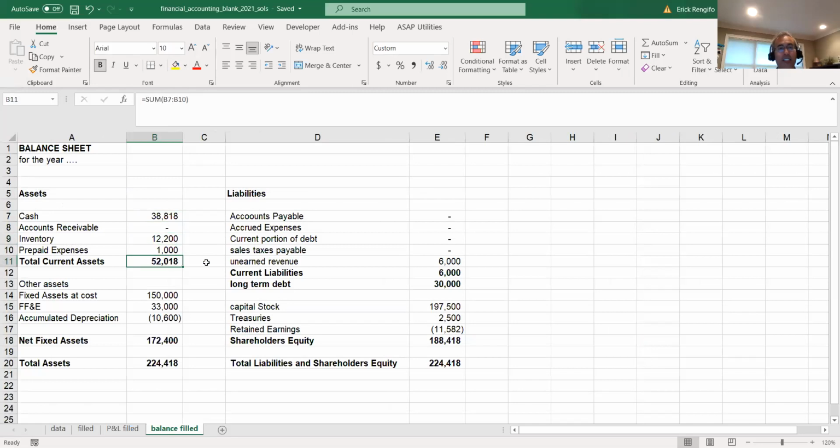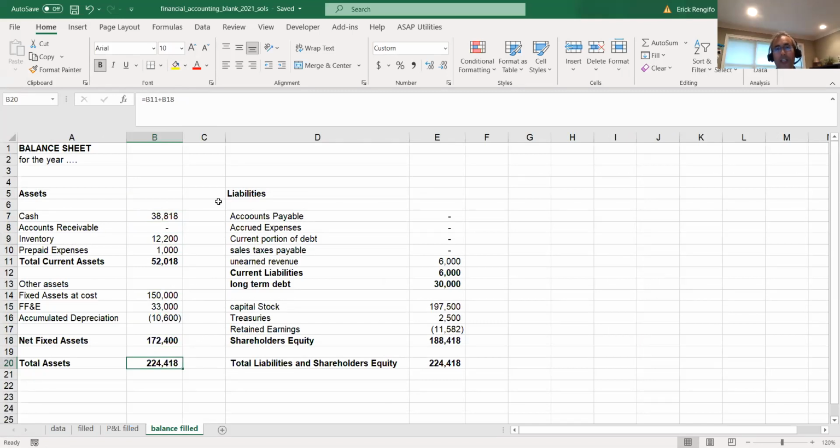So my total current assets equal $52,000. Fixed assets at cost, I have 150. FF&E equipment 33,000. Accumulated depreciation 10,600. So my fixed assets are going to be the sum of all these, 172,400. So my total assets, that is current assets plus fixed assets, is equal to 224.